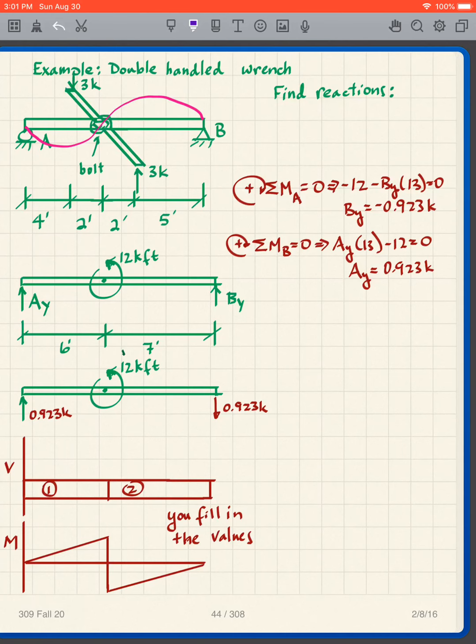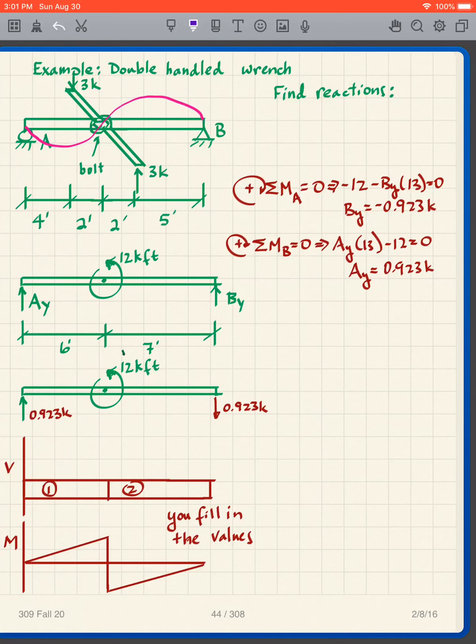Well, I'm going to apply an upward load there, downward load there on the wrench, and I think you all would agree then that we would get this S-shaped beam because I'm rotating this. Ultimately, I'm rotating this counterclockwise.